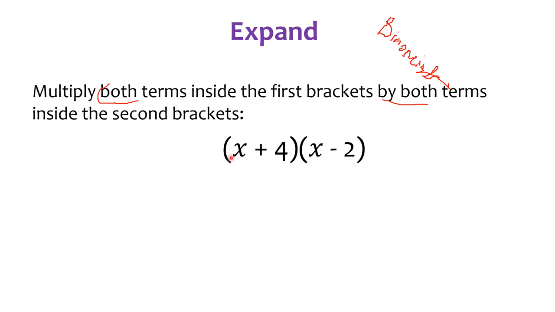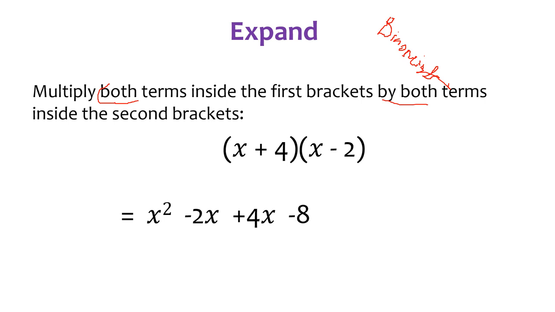Then you come back and multiply the first term of the first bracket by the second term of the second bracket. Once you are done using the first term, you go to the second term. You say 4 multiplied by x, and then 4 multiplied by 2.